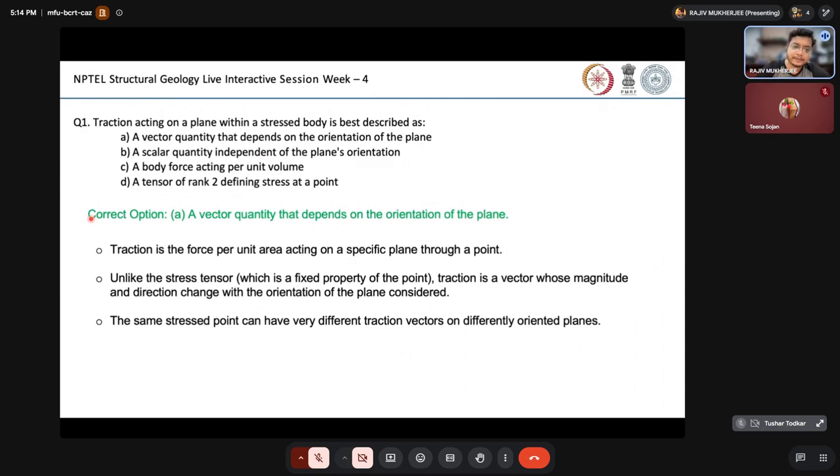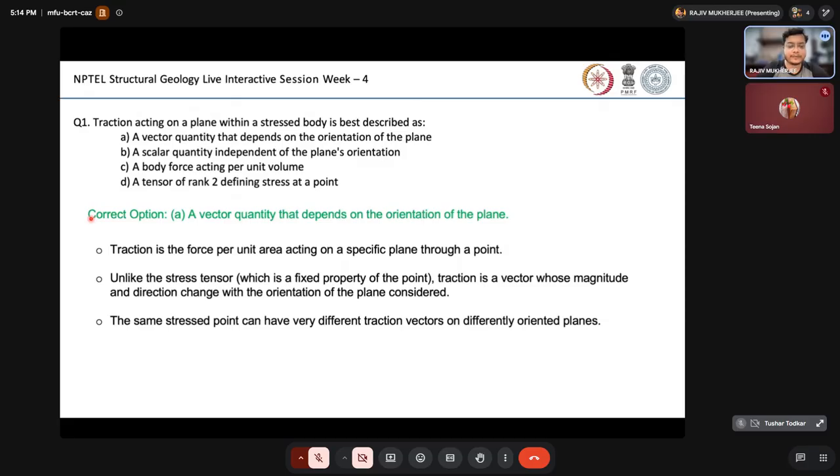There are multiple components of direction, not just a single one. But traction only has one component of direction and one component of magnitude.